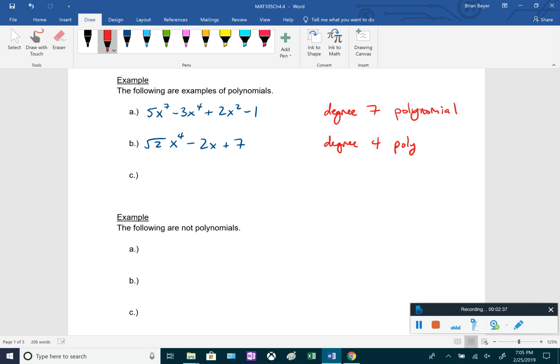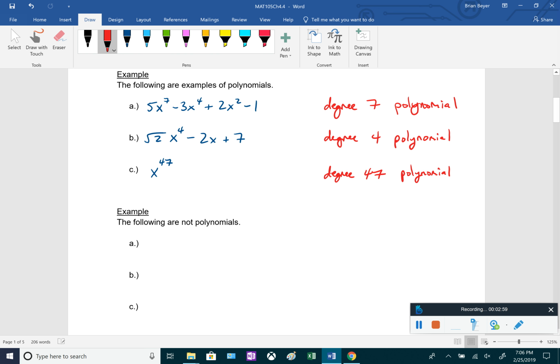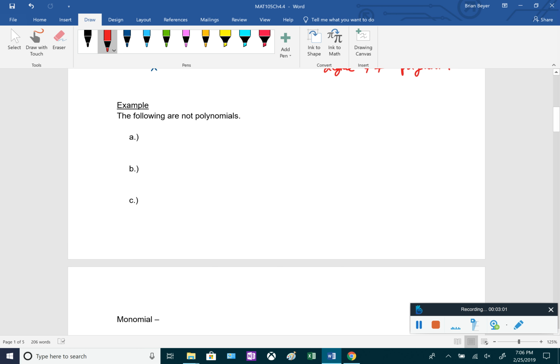So notice that I'm writing all of these in standard form. And then something as simple as x to the 47th. So that's also a polynomial. It's only one term, but it's still a polynomial. And this would be a degree 47 polynomial, which is pretty large. Okay, so those are all polynomials.